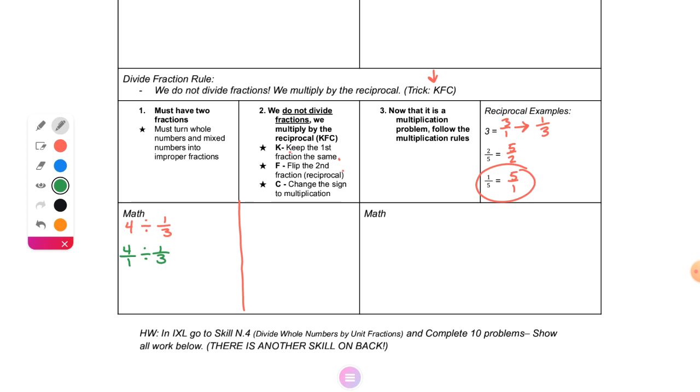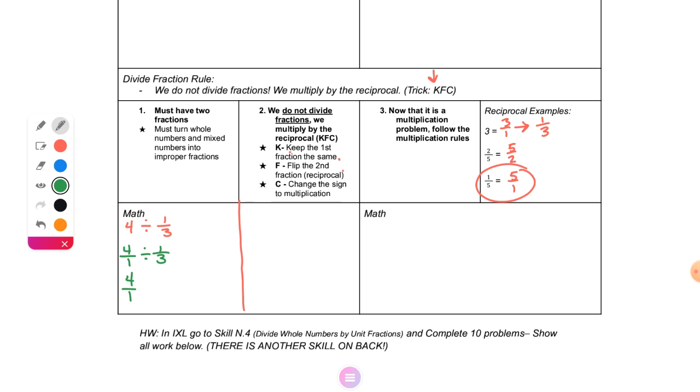So first we must have a division problem with two fractions. Then we do not divide fractions, we multiply by the reciprocal, which again you can think KFC. K stands for keep the first fraction the same. So we just drop it down. Augie, what does the F stand for? Flip the second fraction.